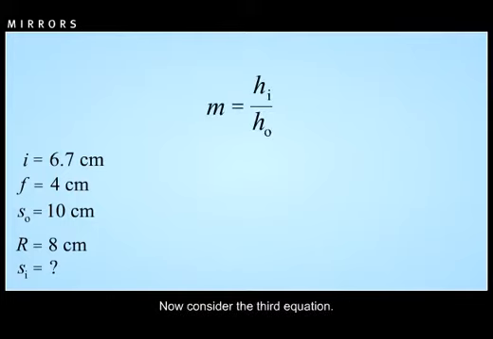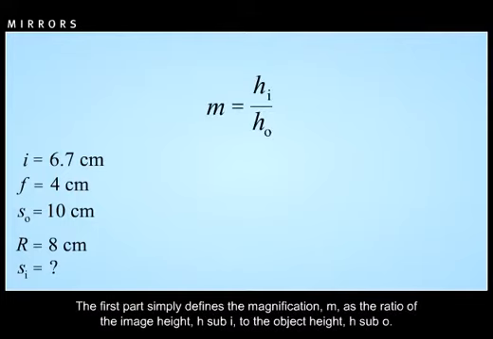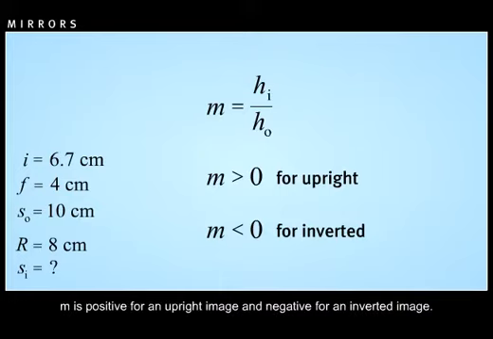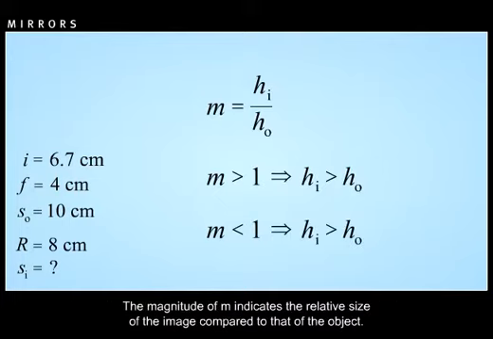Now consider the third equation. The first part simply defines the magnification m as the ratio of the image height h sub I to the object height h sub O. The sign of m indicates whether the image is upright or inverted. M is positive for an upright image and negative for an inverted image. The magnitude of m indicates the relative size of the image compared to that of the object.